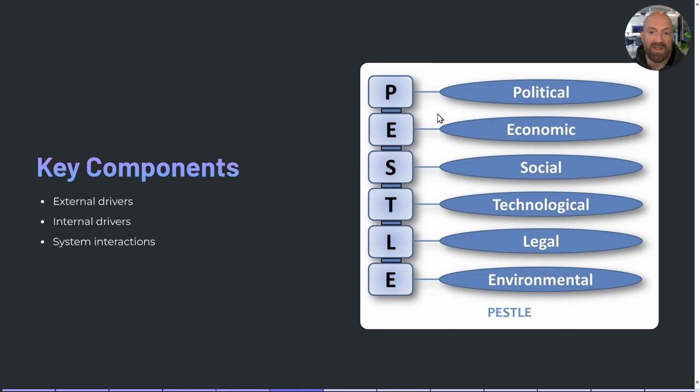Internal drivers emerge from within the organisation and are generally under its control. So these can include organisational strategy, company structure, employee morale, technological capabilities or capacities, and improvements in processes.